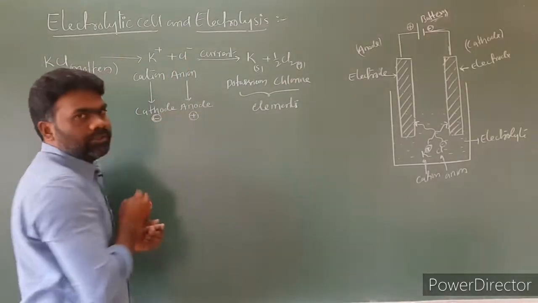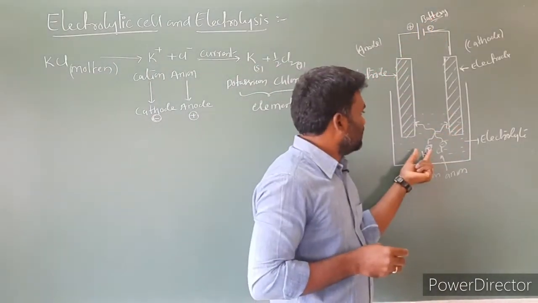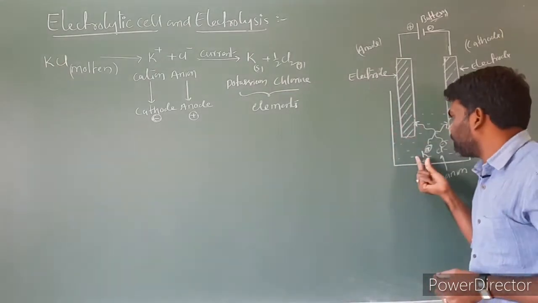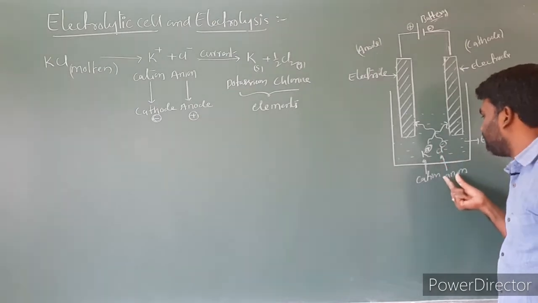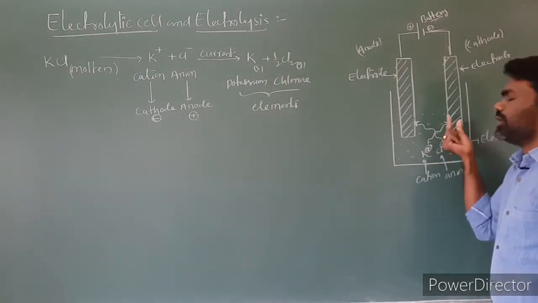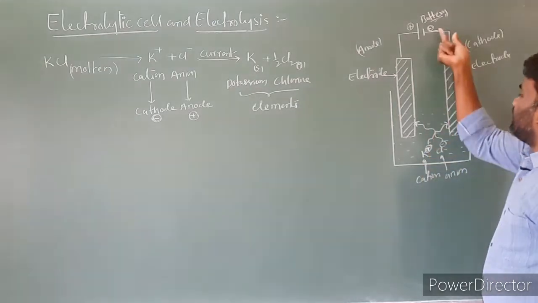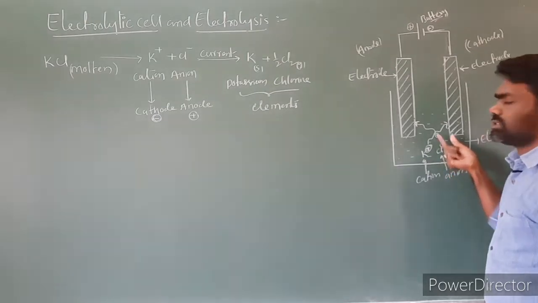Very, very important points. When electric current is passed through the electrolytic solution, this electrolytic substance contains positive ions as well as negative ions. Positive ions are called cations, negative ions are called anions. Cations migrate towards the cathode, and anions migrate towards the anode.